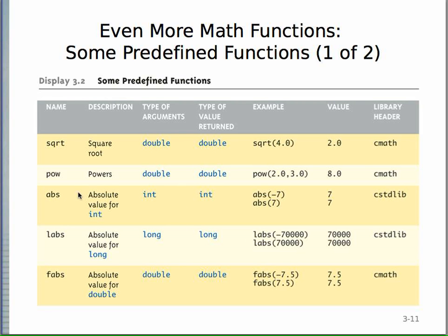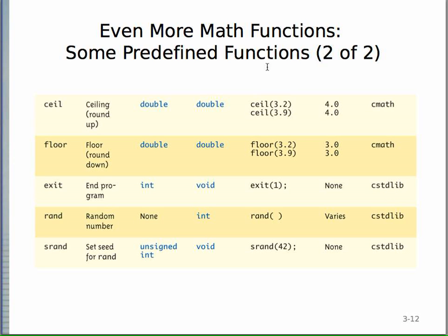So the one thing to note, I guess that's what we were looking at a few slides ago. abs and labs, long abs, are in cstdlib, C standard lib, but fabs is in cmath, which is what we used. So if you need to use absolute value, you have to #include the C standard library.